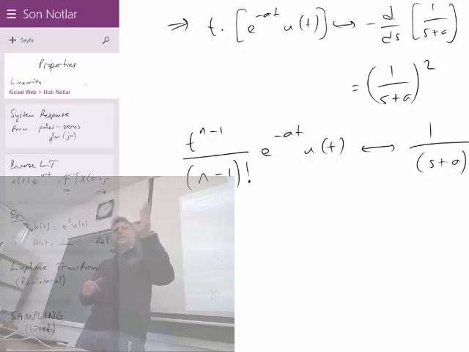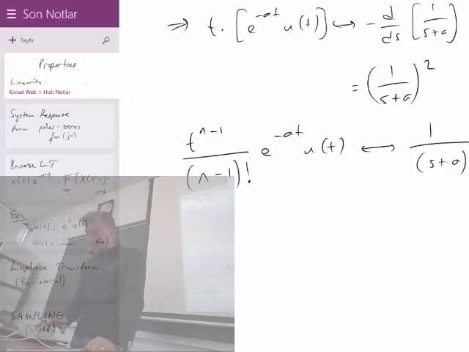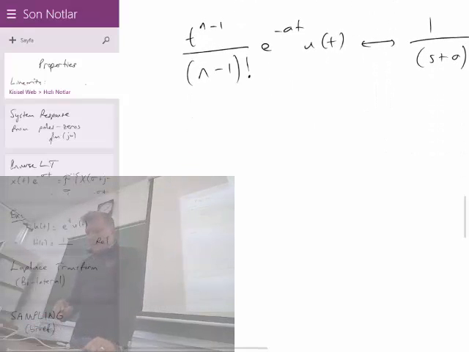So the scale will be n times n minus 1 times n minus 2, etc., which corresponds to n factorial. That's where the factorial business comes into the picture. So this is perhaps the single most important observation that we can utilize from this property.